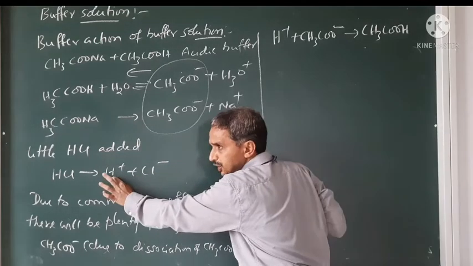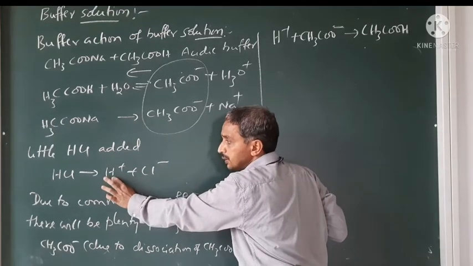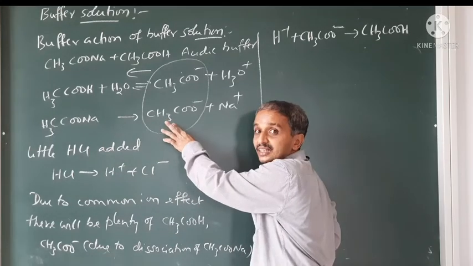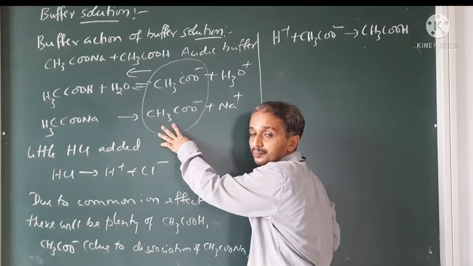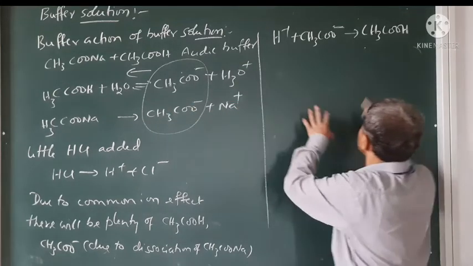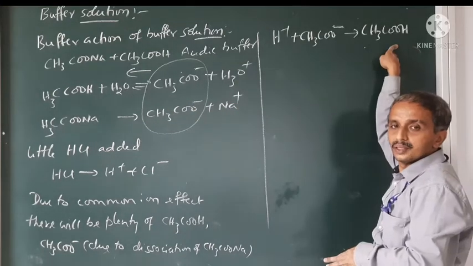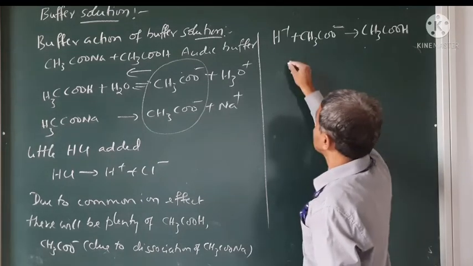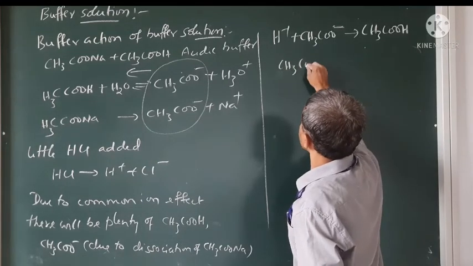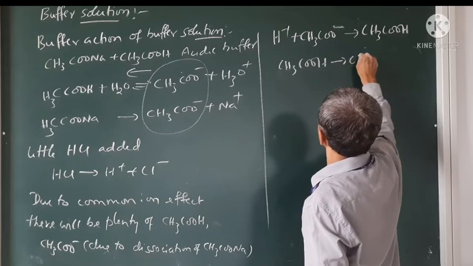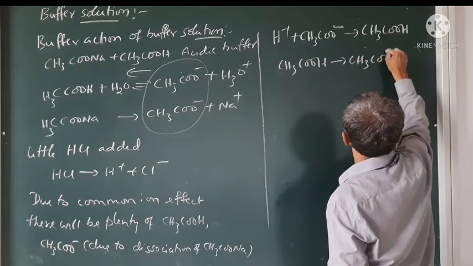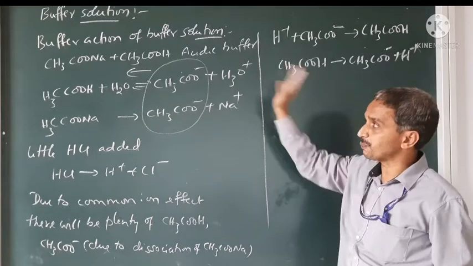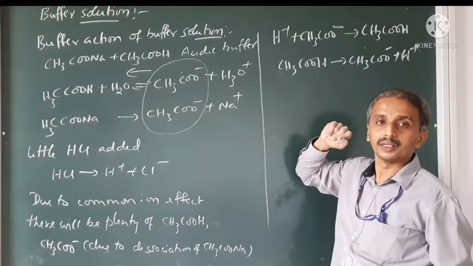As and when H+ is formed, it will react with the base CH3COO- ion and convert it into acetic acid. But when the acetic acid is formed, it cannot ionize to much extent because of the common ion effect. This ionization will not be there. That is suppressed due to the common ion effect.